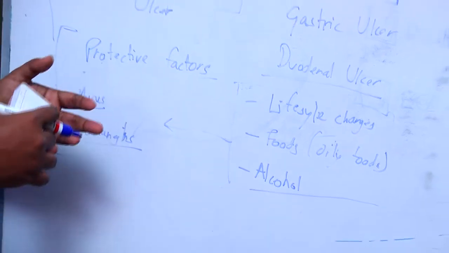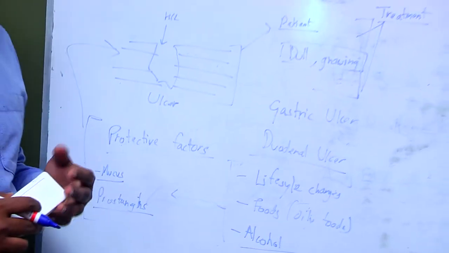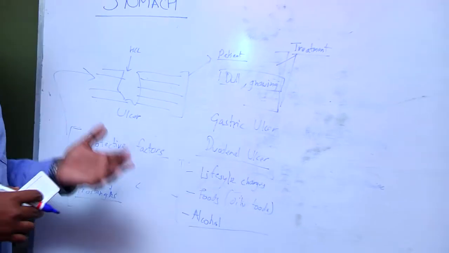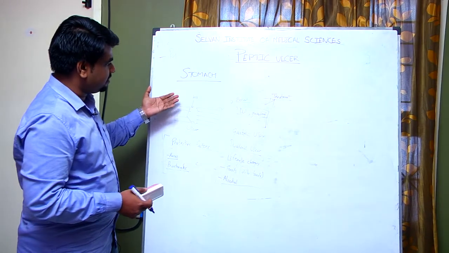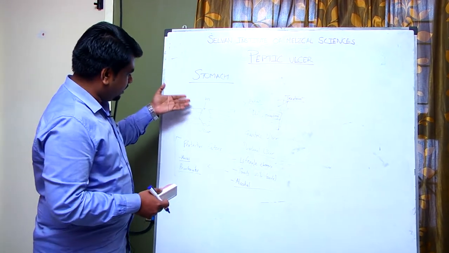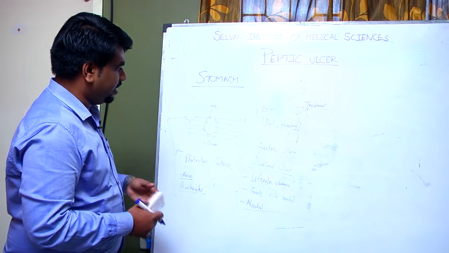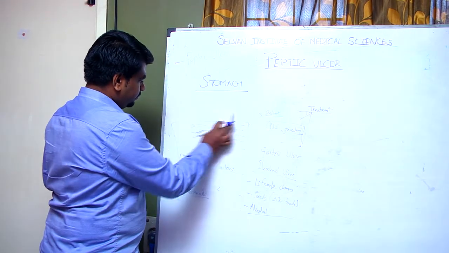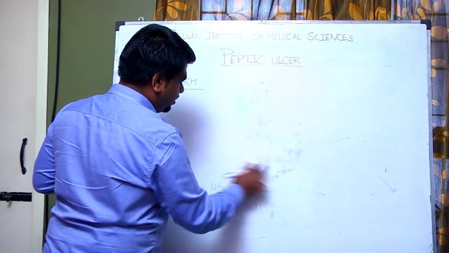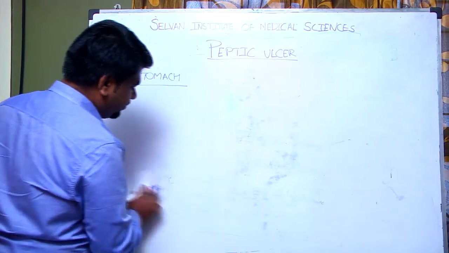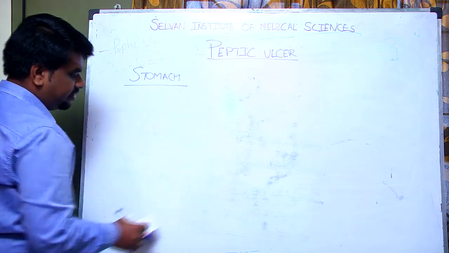And in this generation, when we see IT professionals or students, they don't tend to have breakfast or they don't tend to eat proper food. So what happens? The amount of HCl secreted is so large that it tends to compromise the protective factors. So majorly, peptic ulcer is an imbalance between the protective factors and the destructive factors.